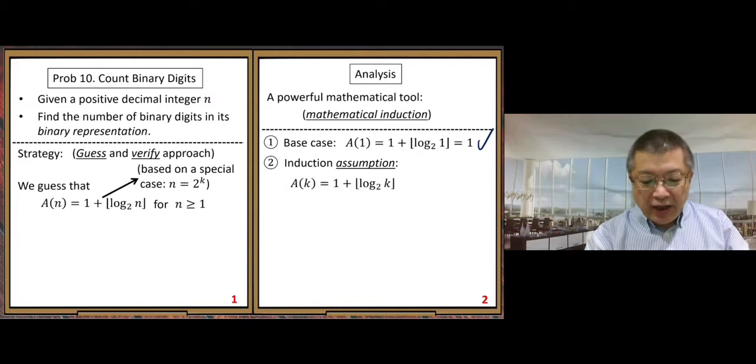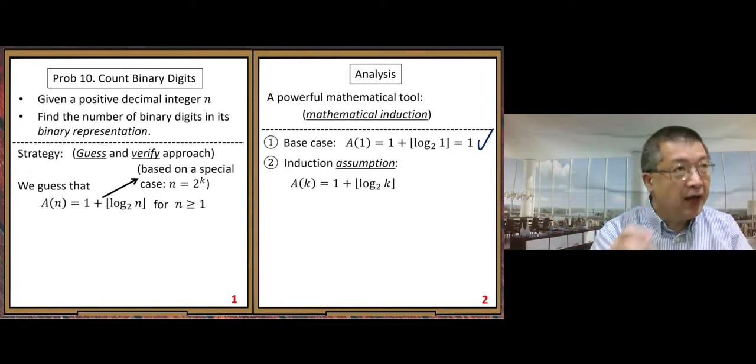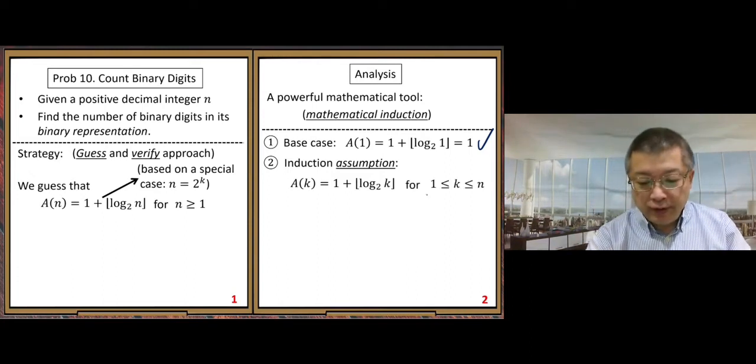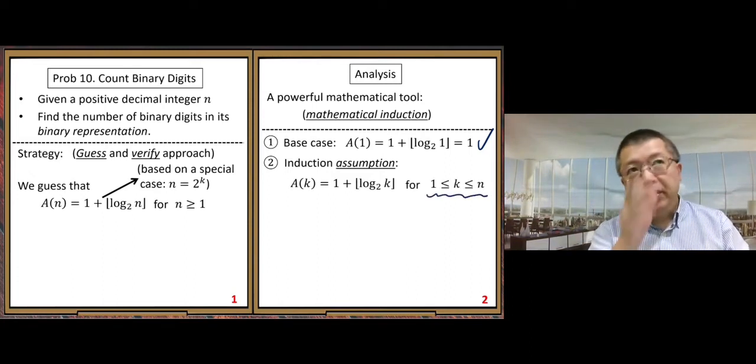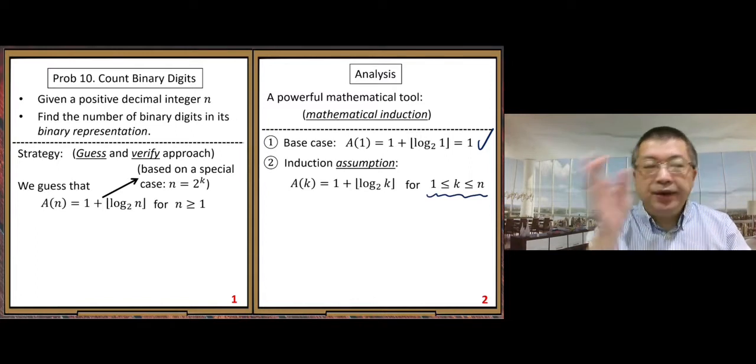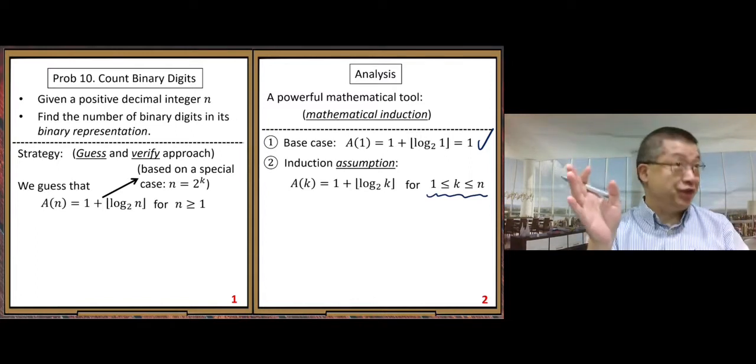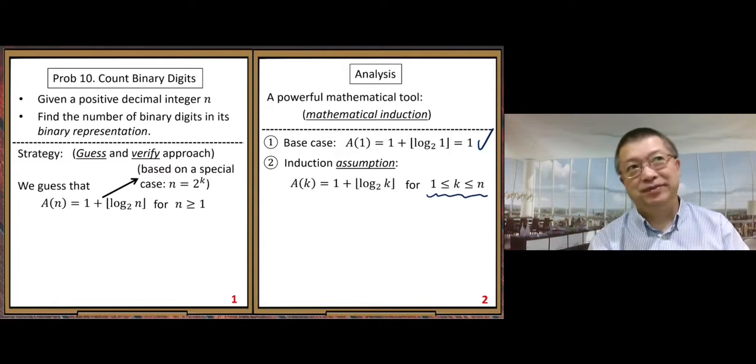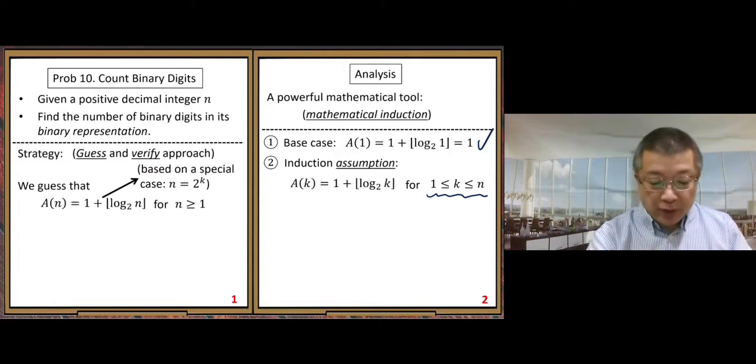Here we assume a of k equals 1 plus floor of log base 2 of k, for k between 1 and n inclusive. This is important, because for mathematical induction there are 2 versions.